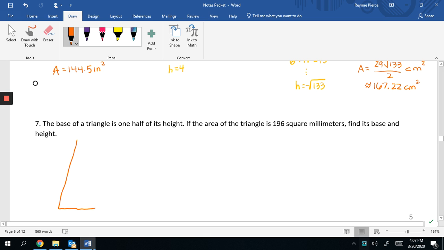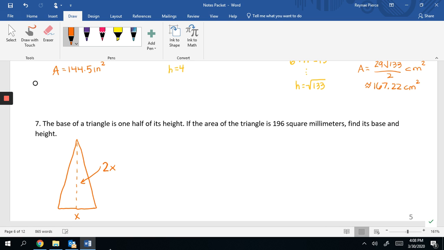So if the base of the triangle is 1/2 its height, that means the height is twice as long as the base. Okay. The area of the triangle is 196 square millimeters. Find its base and height.